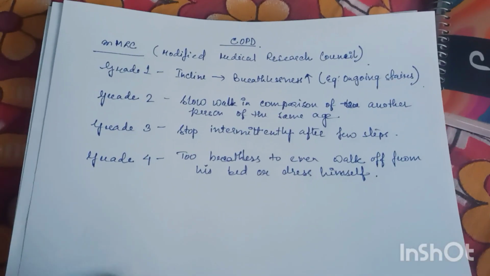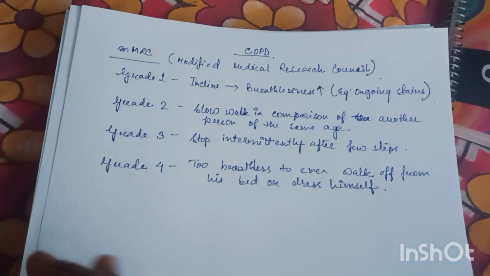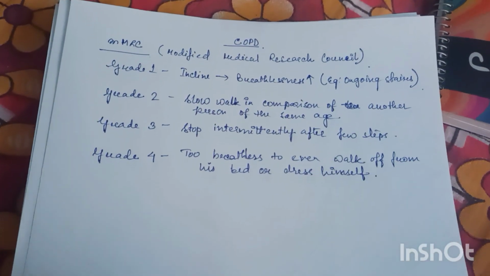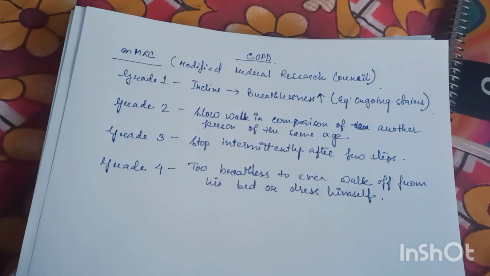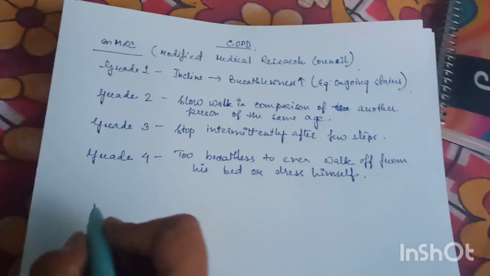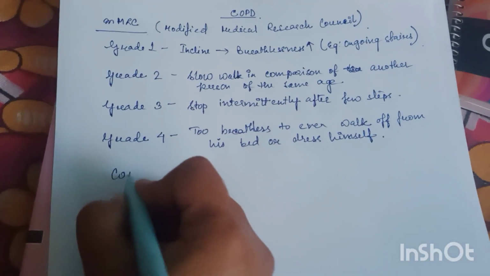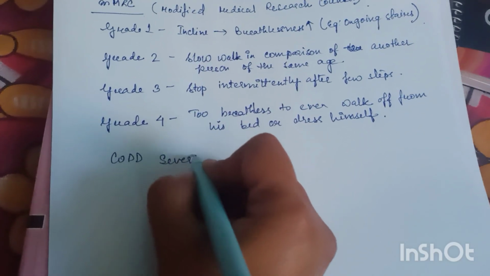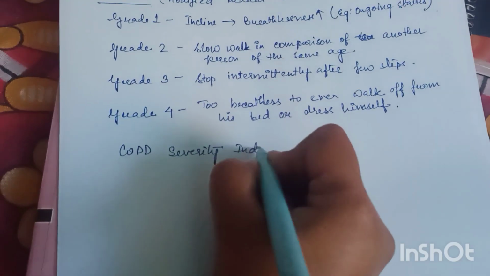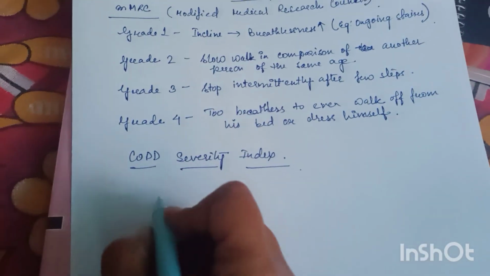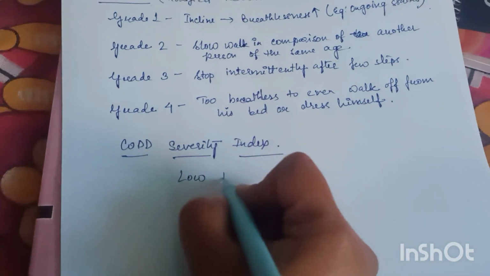As we have learned about the 4 grades, I will now talk about the COPD Severity Index, which is also an important topic to know how the treatment should be given. There are 2 parts in it: one is low risk and one is high risk.